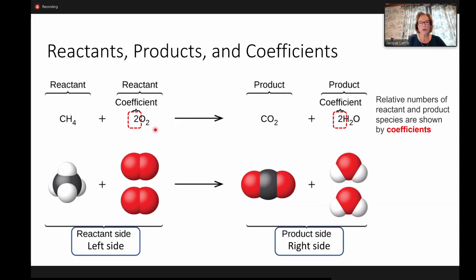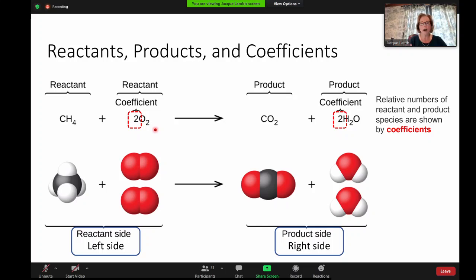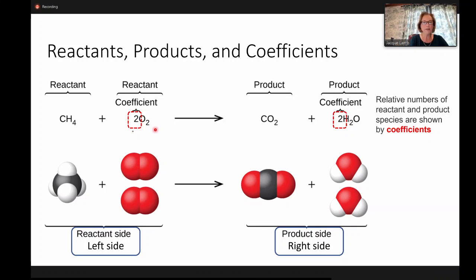Balanced chemical reactions are balanced by the use of coefficients. In this case, the 2 in front of the oxygen and the 2 in front of the water. Those are known as the coefficients, and that's basically showing the relative numbers of each of the species in this reaction.